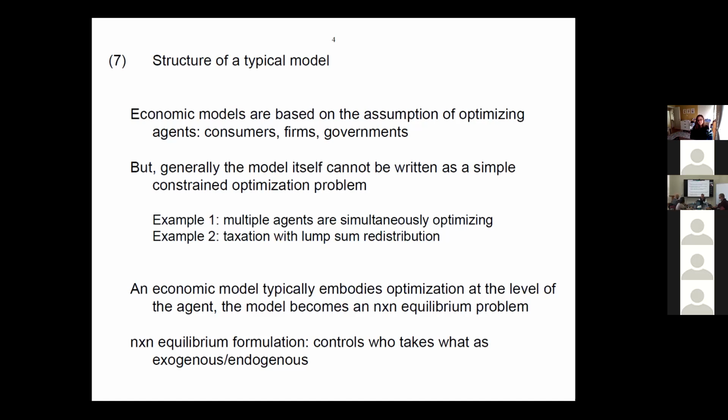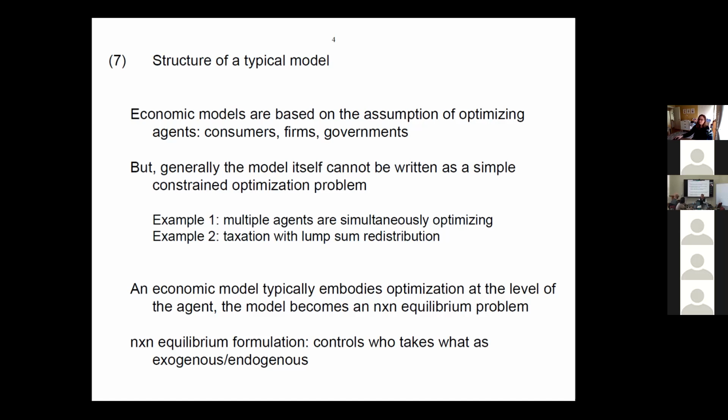That approach quickly breaks down because you have multiple agents that are simultaneously optimizing, and you have industries, firms, consumers, maybe governments have objective functions they're optimizing, and you can't treat equilibrium as the solution to a single optimization problem. It just doesn't work. And lots of issues of taxation with redistribution. Got to be really careful. Optimization can give you the wrong result.